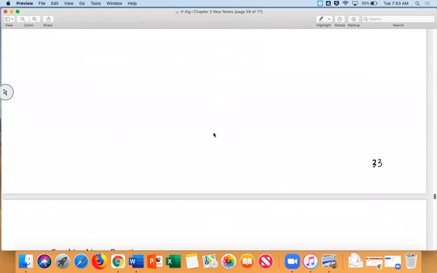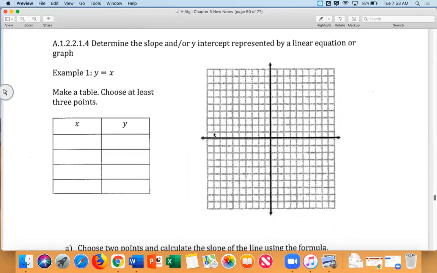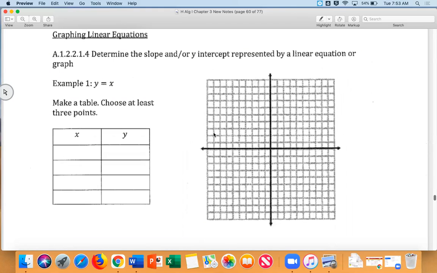All right, now that I've talked about them, let's look at this. So this equation here, y equals x, is the most basic, simplest equation we can have. And this is in slope-intercept form. We just have to pull our information from it. So what do I mean by that? If we look at those forms up there, we had slope-intercept, point-slope, and standard form.